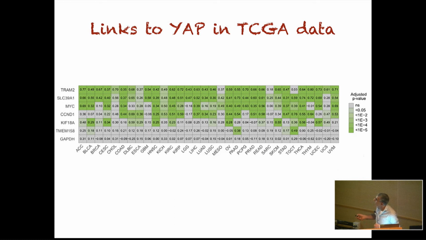However, SLC39A1 and mostly this gene TRAM2 correlate almost invariably and very significantly in all tumor types. We think those are maybe solely regulated by YAP. And we focused on TRAM2 here just because it was the top correlated gene with YAP.